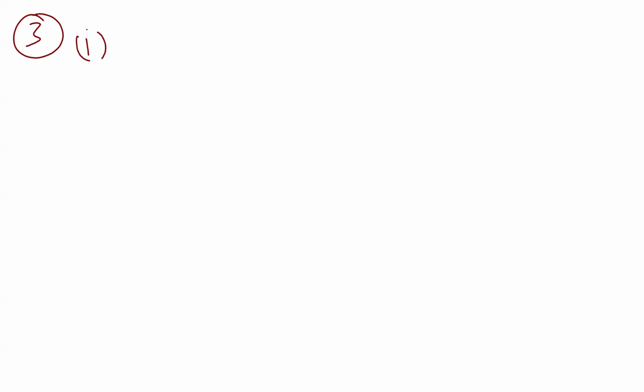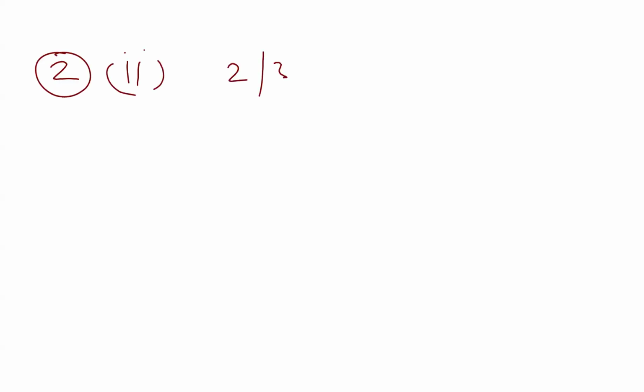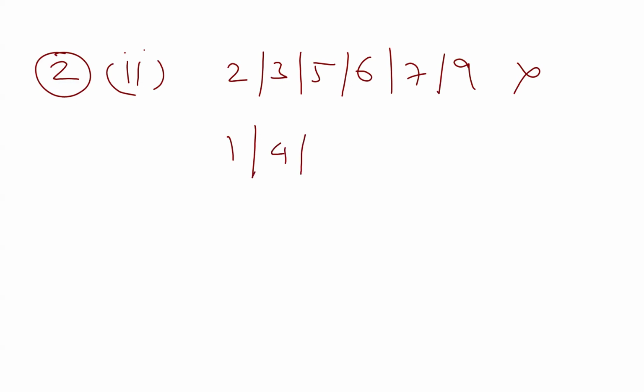How many 3-digit numbers can be formed without using the digits... I would like to discuss second sub question 2 before we start with this. 2, 3, 5, 6, 7, 9 are not supposed to be used because they are saying without using these digits. So the object list is 1, 4, and 8.